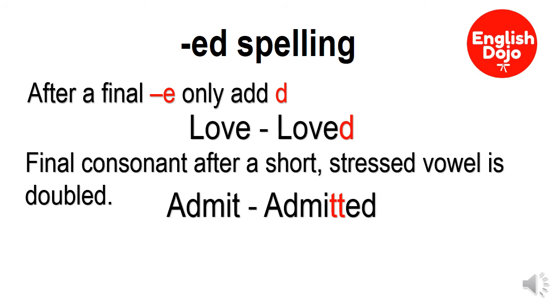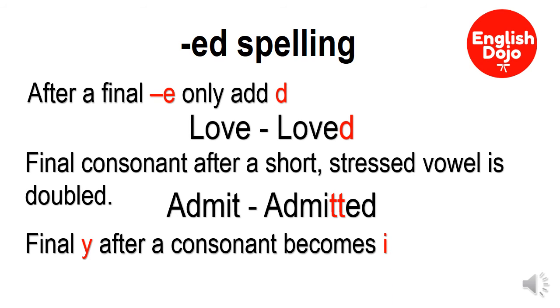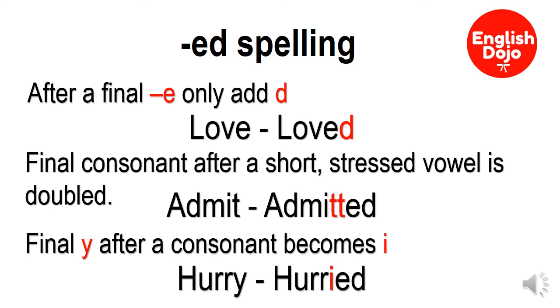So we have admit; you have to double that t and transform it to admitted. And when the verb ends in y after a consonant, it becomes i, and then you add the ed. Hurry, for example.